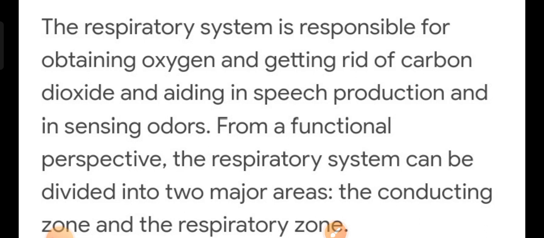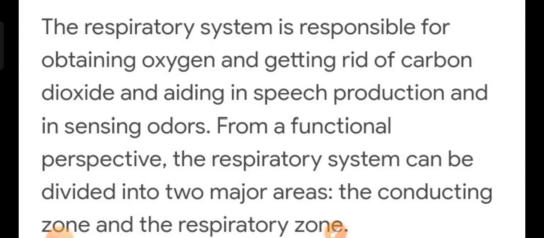The respiratory system is responsible for obtaining oxygen and getting rid of carbon dioxide, and aiding in speech production and in sensing odors. From a functional perspective, the respiratory system can be divided into two major areas, the conducting zone and the respiratory zone. Here, the main responsibility of the respiratory system is the exchange of gases between oxygen and carbon dioxide.